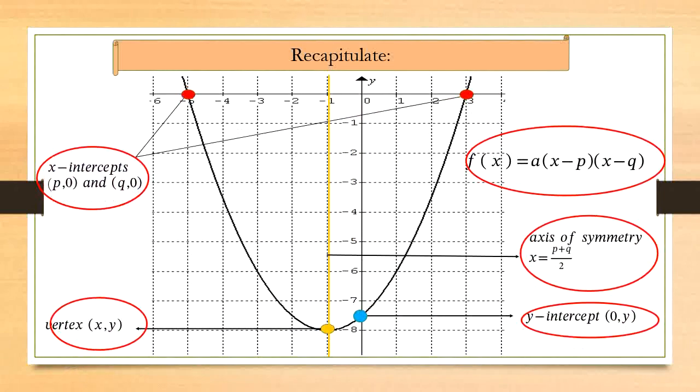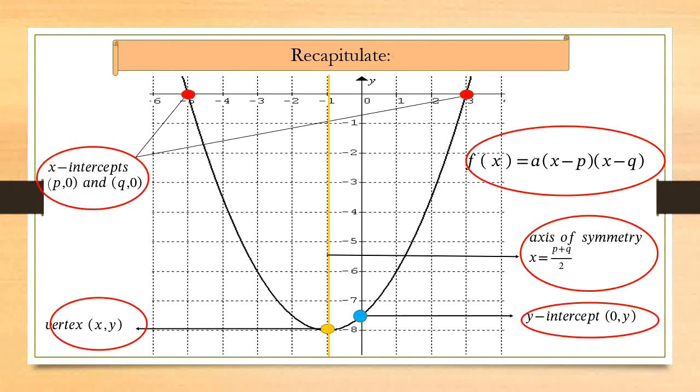Now, let us quickly recapitulate what we have learned. Firstly, we have learned that the graph of a quadratic function is a parabola, and here we have an upward parabola. Now, in order to sketch the graph of a quadratic function when given in factored form, the things that you have to find are, firstly, you should know how to find the x-intercepts. Then you should also know how to find the axis of symmetry.